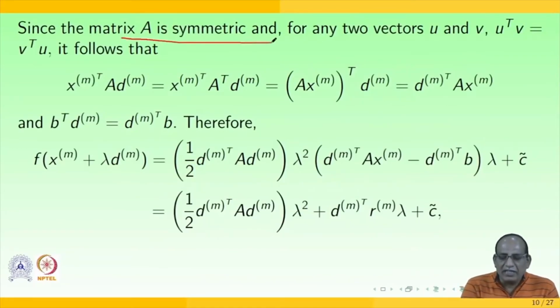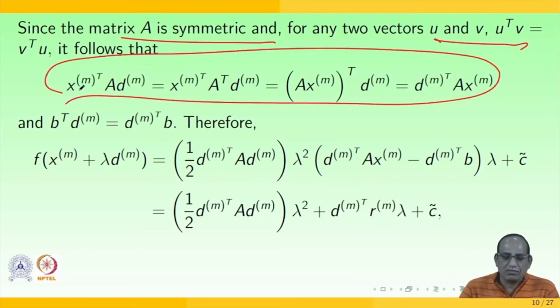Since the matrix A is symmetric and for any two vectors u and v, u transpose v is equal to v transpose u, it follows that x of m transpose A d of m is x of m transpose A transpose d of m, which is equivalent to A x of m transpose d of m, which is d of m transpose A x of m.